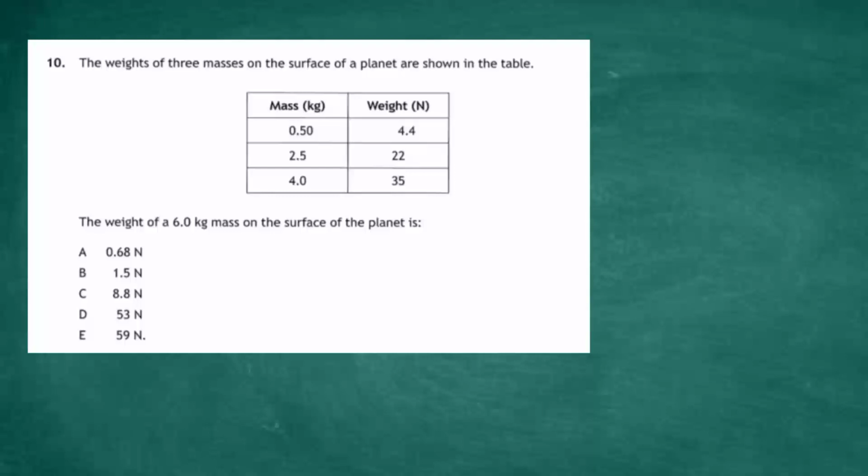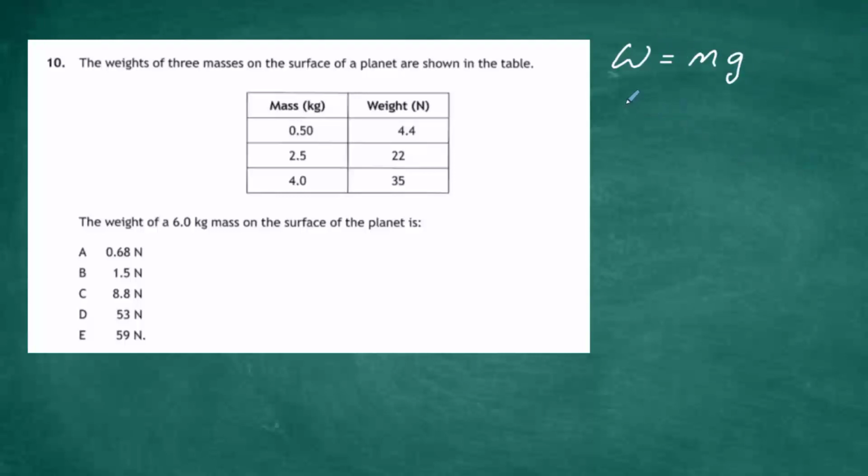And so we're given 3 bits of data there. It's preferable that we carry out those 3 bits of data to see if there's any discrepancies or changes. So we know right away that the equation leading up to the weight of an object is that its weight is equal to its mass times the gravitational field strength of that particular planet.